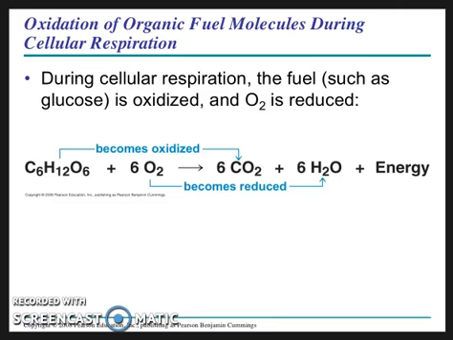It becomes oxidized and it is the reducing agent. The oxygen goes to water, okay? It gains the electron, it becomes reduced, and it is the oxidizing agent. Back it up and play it again if you need to.